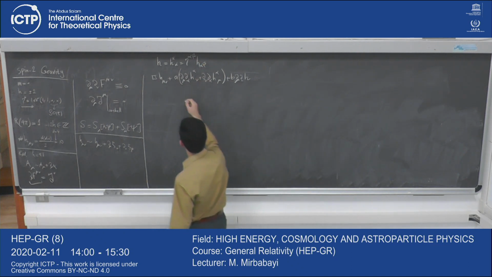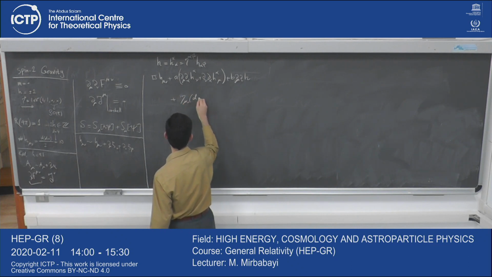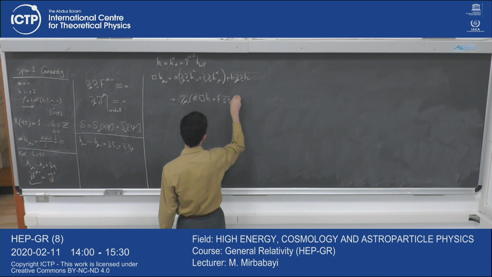So what else can I write? I can write plus d eta mu d times, no, maybe d is not a good, e times box H plus f times d alpha d beta H alpha beta.